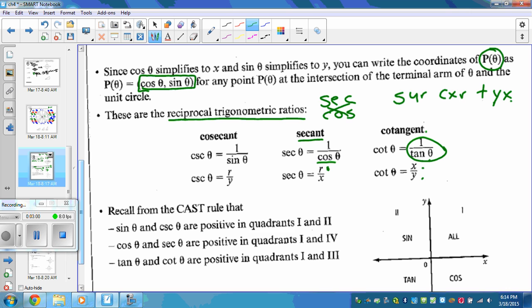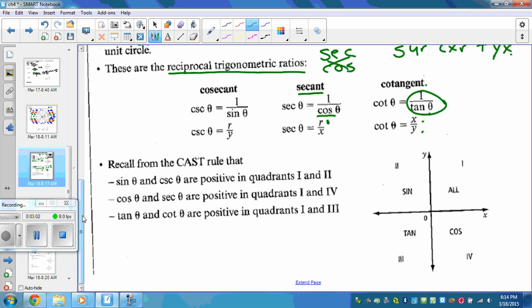The last piece of information we need to know is the CAST rule. So CAST, we start here, we go C-A-S-T. In quadrant number 1, everything is positive. In quadrant number 2, sine and also cosecant, because those are reciprocals, are positive.